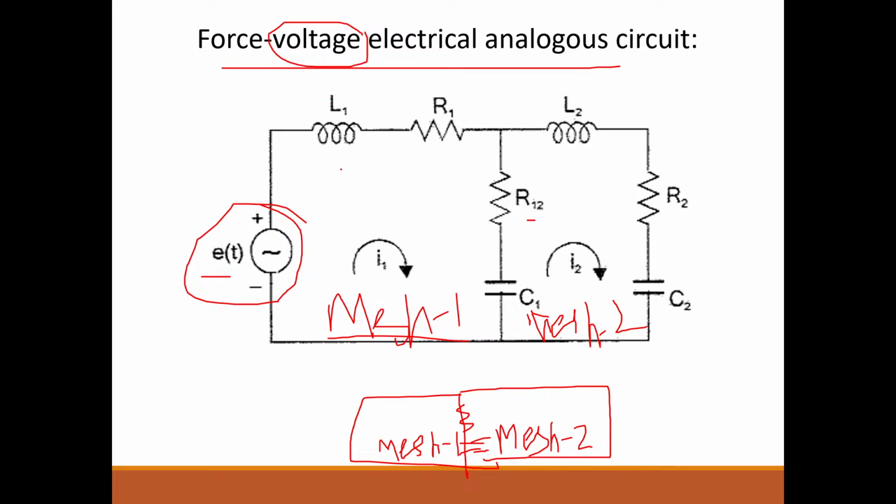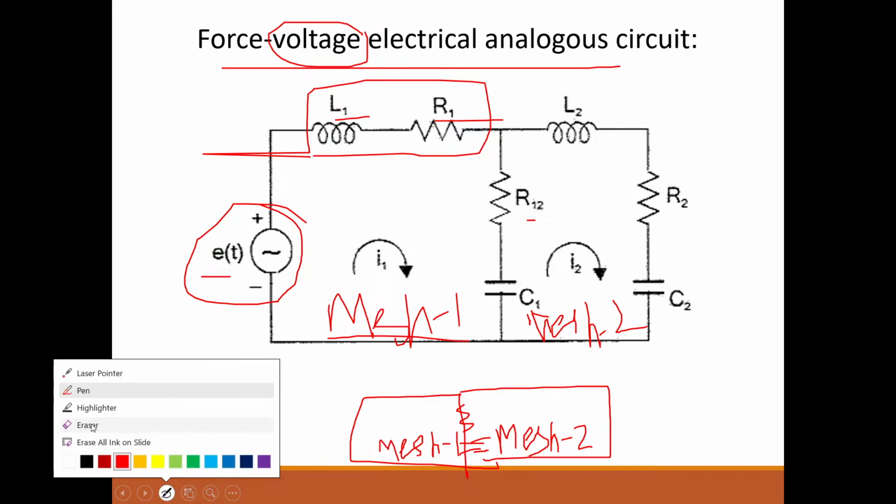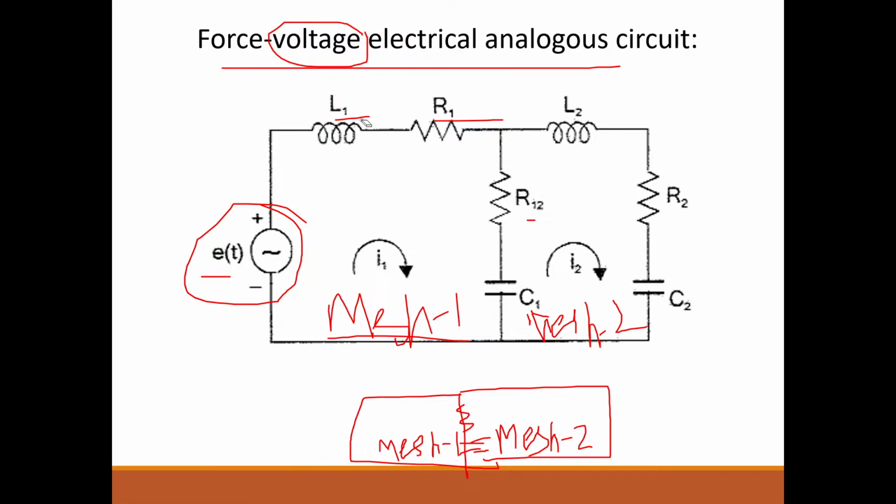So what is analogous of M1? L1. L1 is analogous to M1, and R1 is analogous to B1. So connect a resistor and an inductor in mesh 1. Write the inductance as L1 and the resistance as R1.